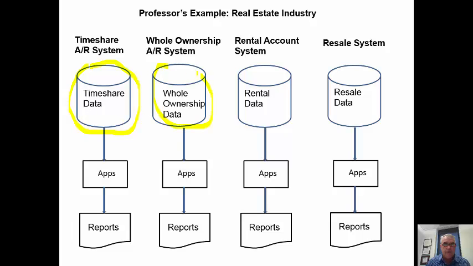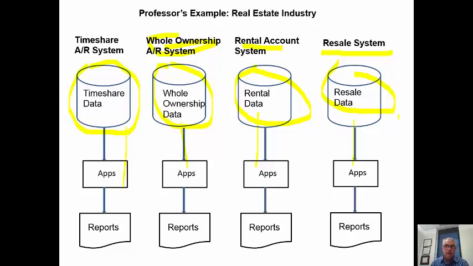So we had 4 different systems with 4 different databases. We had applications all developed that operated off these databases that produced reports and managed data. So, for example, accounts receivable systems for our timeshare owners, another accounts receivable system for those who owned whole ownership properties, and those who decided to rent their units could go into a rental database or to sell their units.